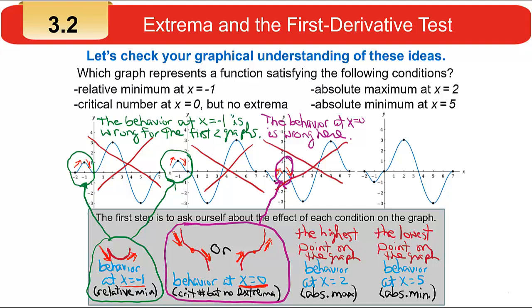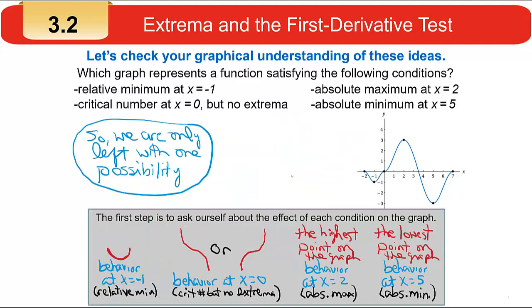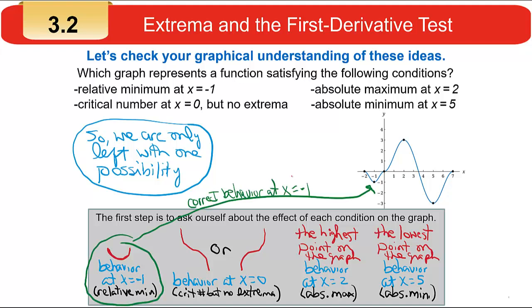Technically, if we haven't made a logic error in thinking this through, we've already decided now the answer has to be the fourth one, but you can go through it one at a time and see that all those conditions are true. At x equal minus 1, you get the right kind of behavior. You get the down followed by up. That's what we're looking for, down followed by up.